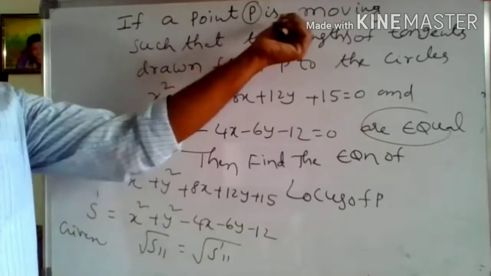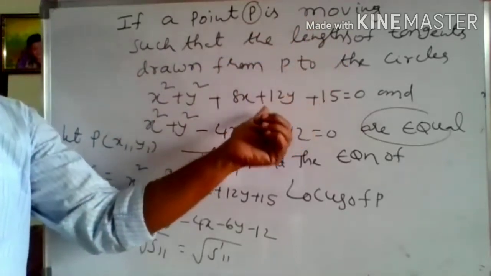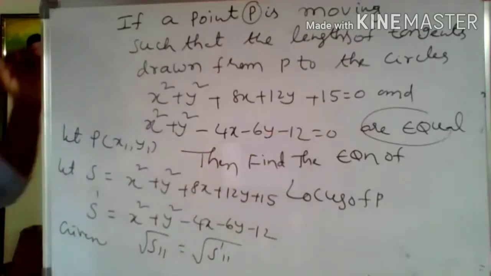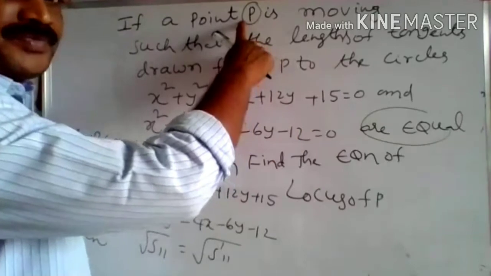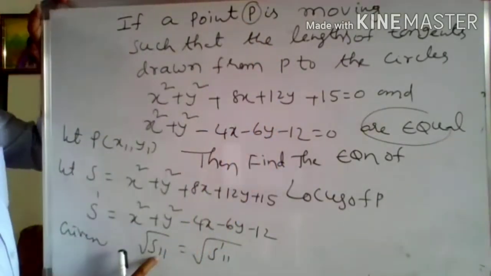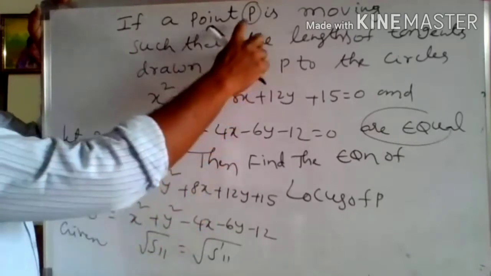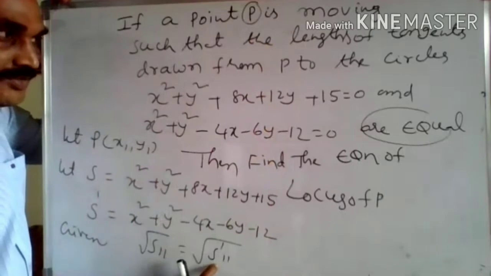Here a point P is moving such that the length of tangent from P to circle 1 and circle 2 are equal. The length of tangent from point P to the first circle is root S11, and to the second circle is root S dash 11.